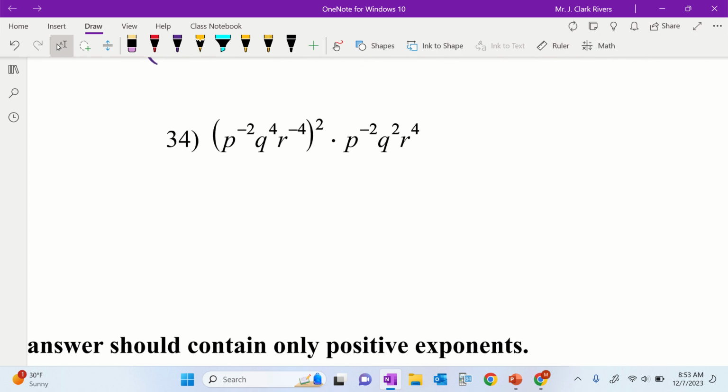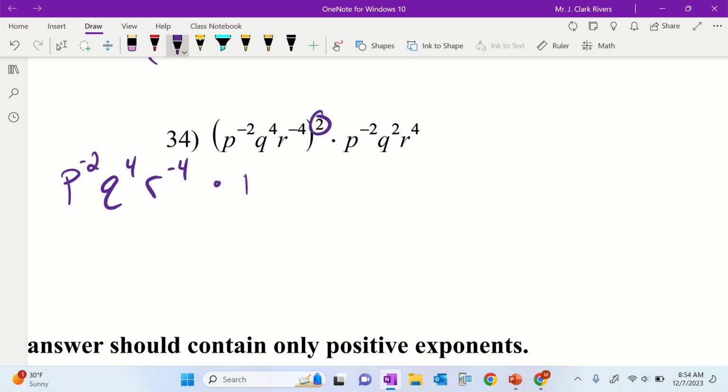Okay. P to the power of negative 2, q to the power of 4, r to the power of negative 4, to the power of 2. Let's address this first. So this is going to be p to the power of negative 2 multiplied by q to the power of 4. I'm going to take out the multiplication sign. You could have it, you don't have to have it. Q to the power of 4, r to the power of negative 4 times itself, right?